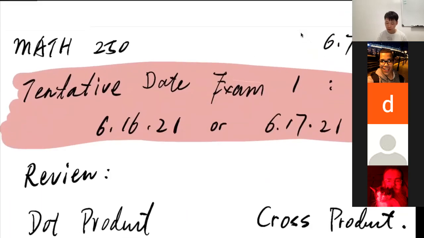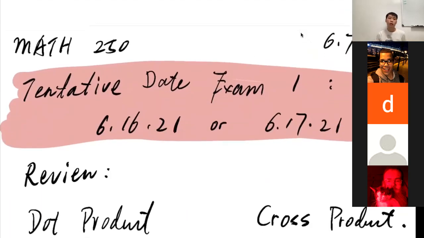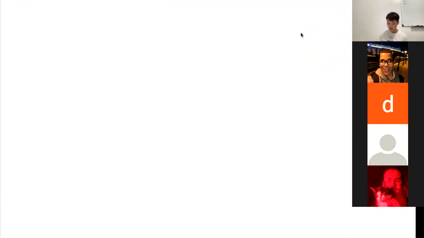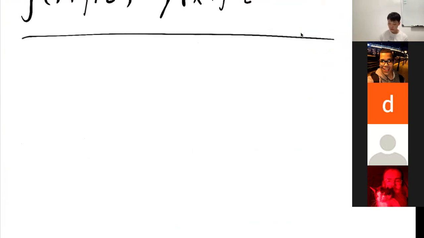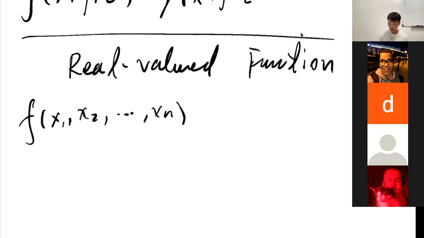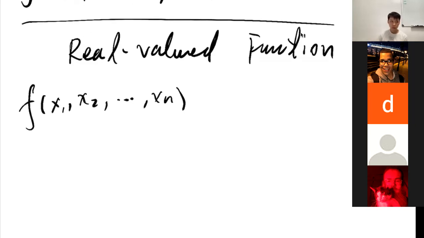Tomorrow we will start talking about continuity and limits. To give you a little idea of chapter 2, the ultimate goal is, for a real-valued function f of x1, x2, ..., xn, to have an analogous idea to the derivative in calculus 1.